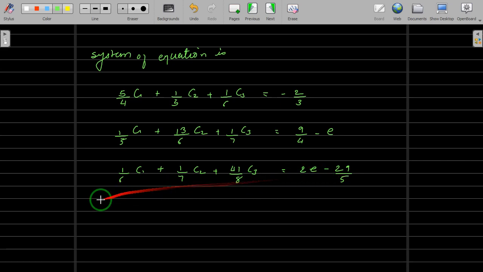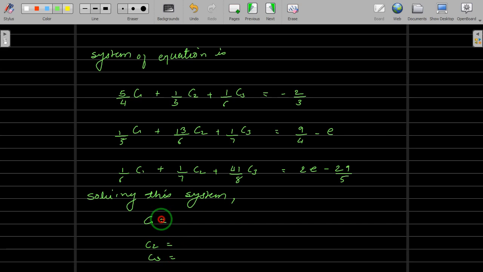We verify this, and this is a system of 3 equations, 3 unknowns. To check the methods to solve this system of equations, solving this system, we get C1 equal to something, C2 equal to something, C3 equal to something.